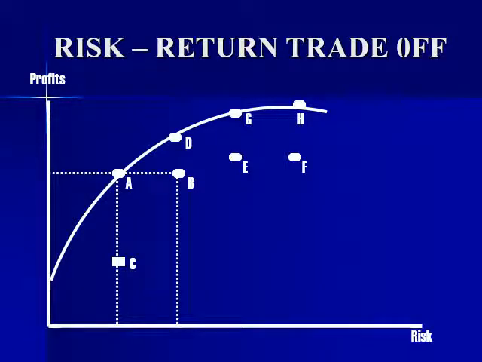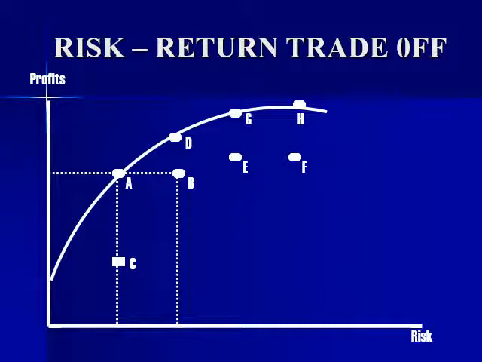Now, the risk return trade-off, which we've talked about a little bit before, is what we're looking at here: a combination of components within a portfolio that give us the highest level of return, in other words, on the vertical axis, for the lowest level of risk on the horizontal axis.